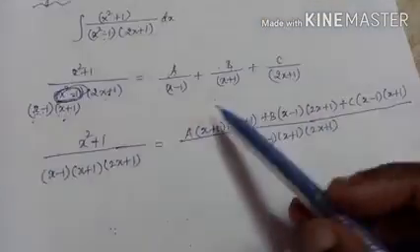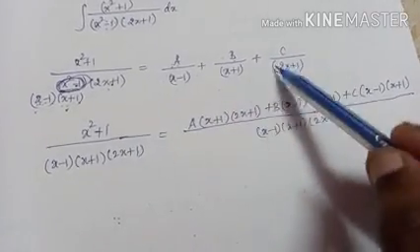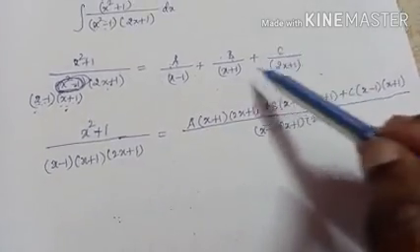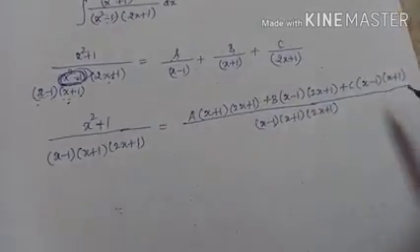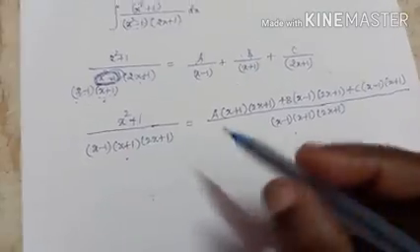Take LCM. So here these two are missing for this term, and these two are missing for this term. So when you cross multiply, this term will get cancelled with this denominator.